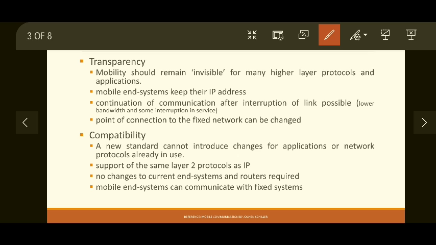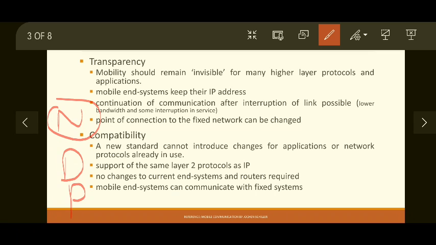Similar to higher layer protocols, the lower layer protocols also must be considered. We know the lower layer protocols of the OSI model are physical and data link. For the network layer, these are the lower layer protocols.